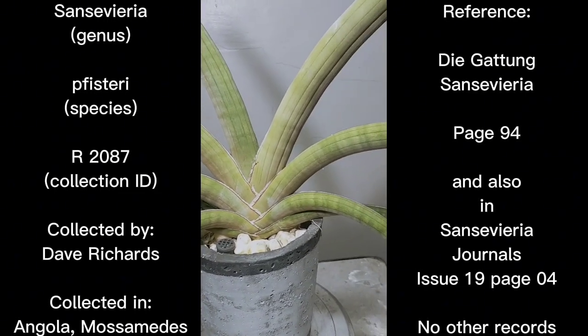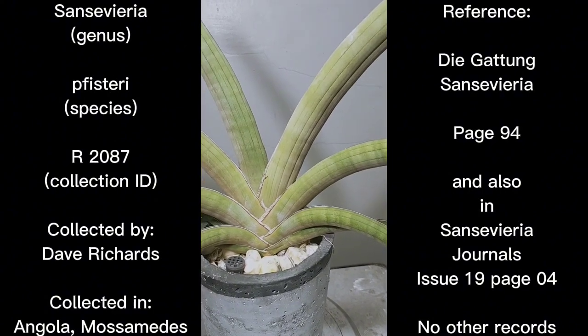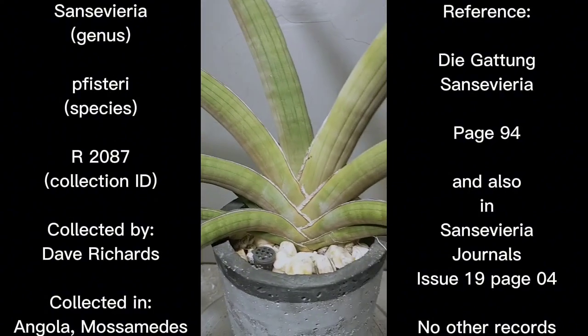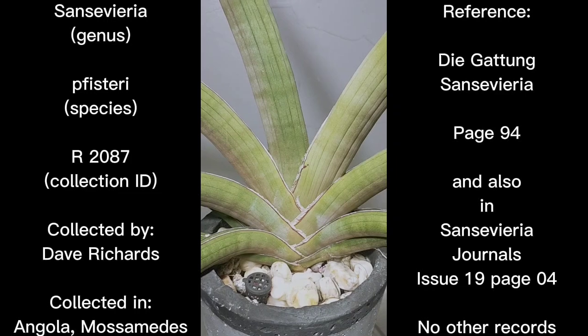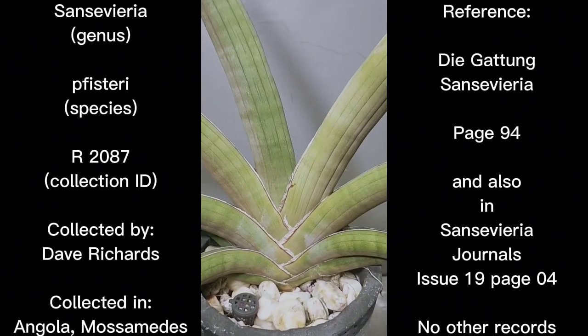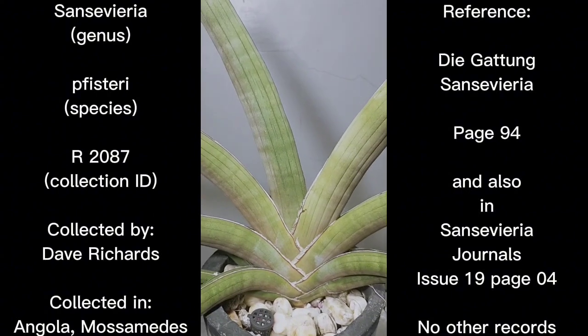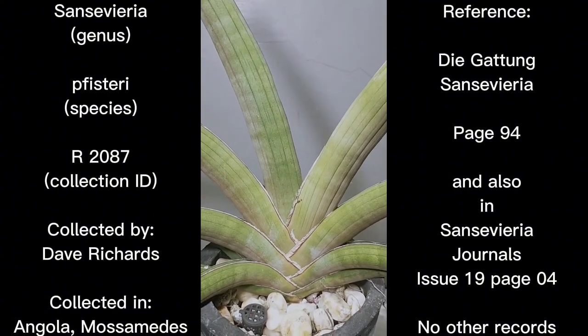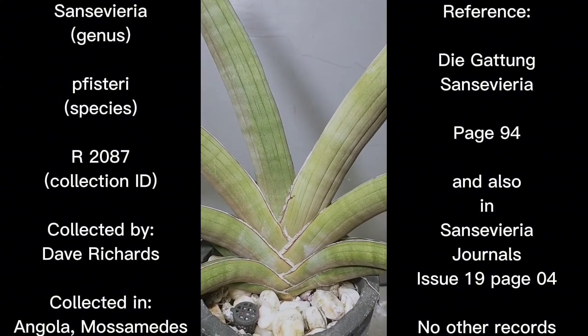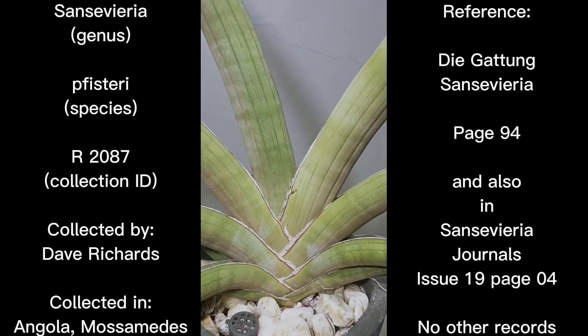I don't have the equipment or tool with me to measure the leaf thickness, because the leaves are almost cylindrical. But later on we will be describing the characteristics of the species itself.